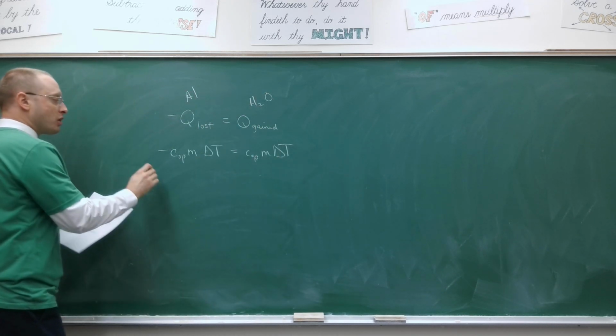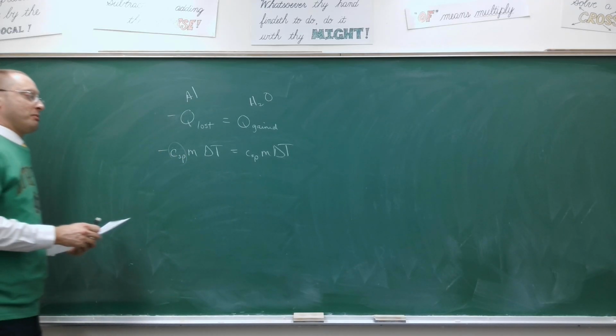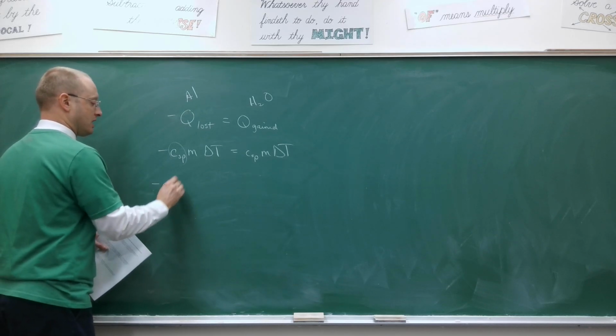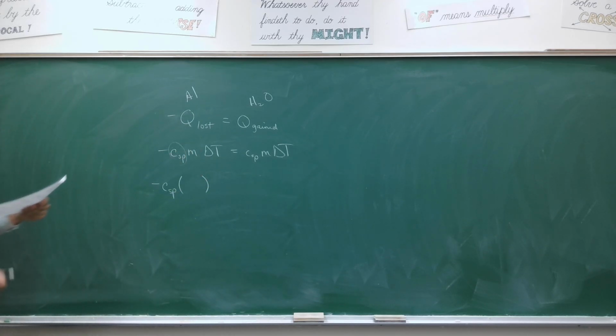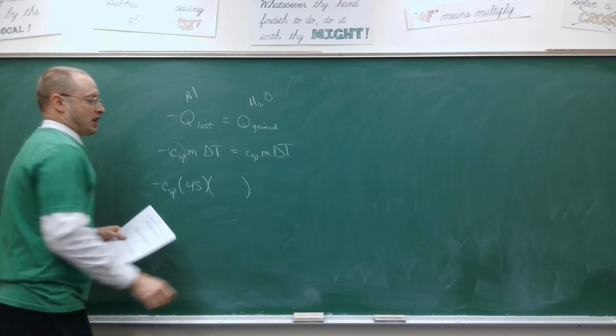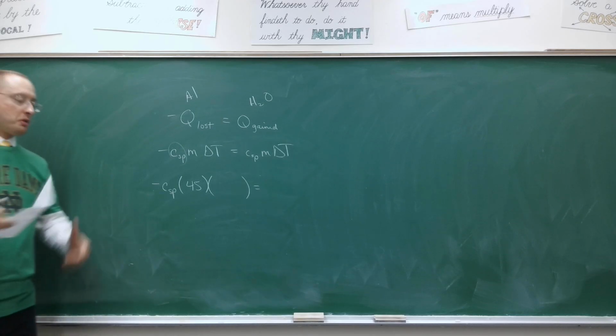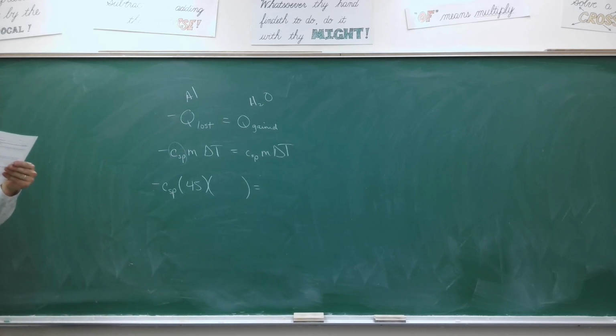All right, so we don't know the specific heat of aluminum. We could look it up, but we're trying to see how accurate we are with our number and our measurements here. So we're going to calculate the specific heat. The mass of the aluminum, 45. All right, now for the temperature change. Remember, class, temperature change is always final minus initial. So the final temperature of the aluminum is what, Grace? 31. Good.